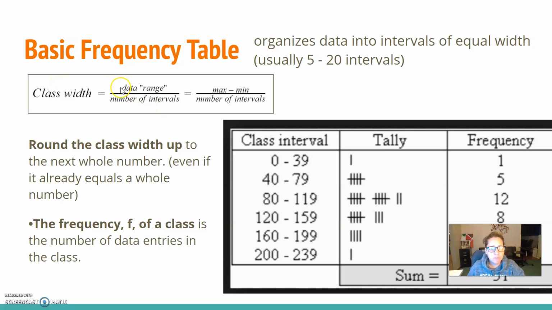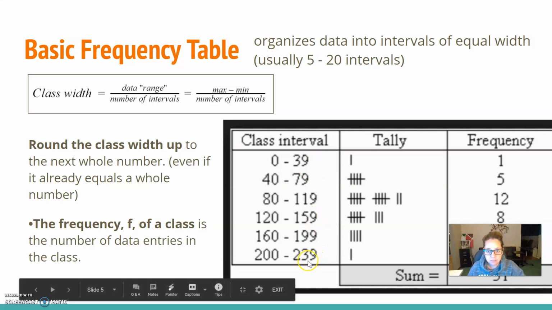And when you figure out the class width, there's a couple things to do. You just take the range of your data, which is the highest number, and subtract from it the smallest number. And then you divide that range by the number of intervals, however many classes you want to use. And in this case, the number of classes that they wanted to use was 1, 2, 3, 4, 5, 6.